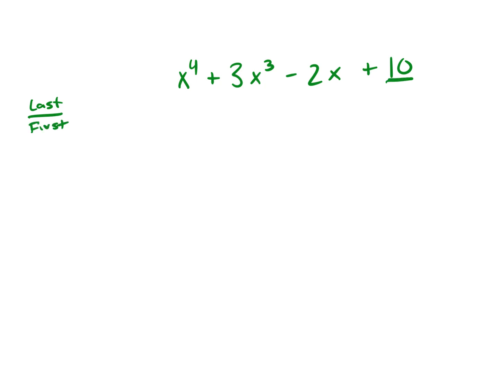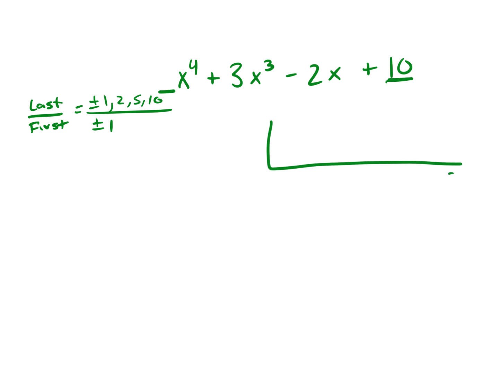So factors of our last over factors of the first coefficient. So factors of our last would be plus or minus 1, 2, 5, and 10 over factors of 1. And then you can use synthetic division. Whatever gives you a remainder of 0 is a factor or is a 0 of your polynomial. So if something doesn't factor, you can use last over first.